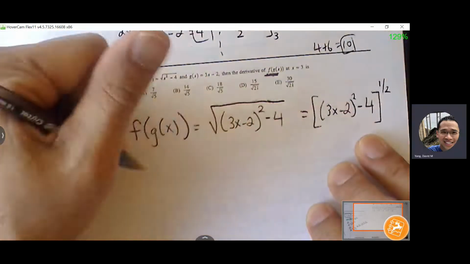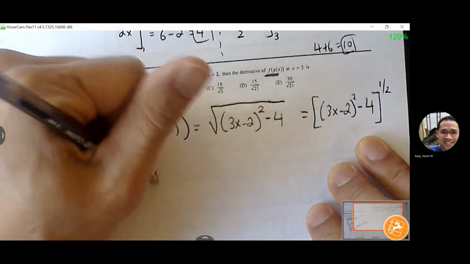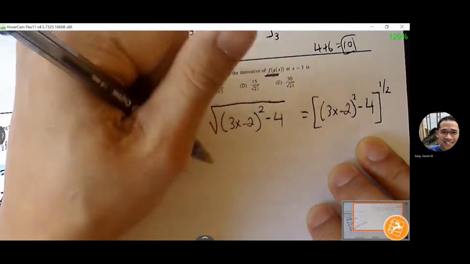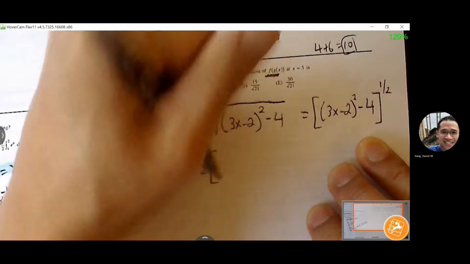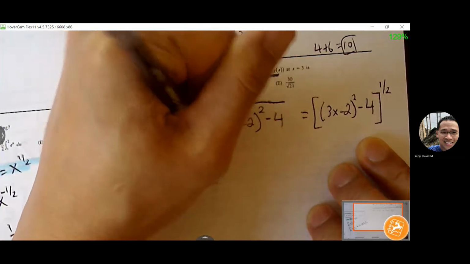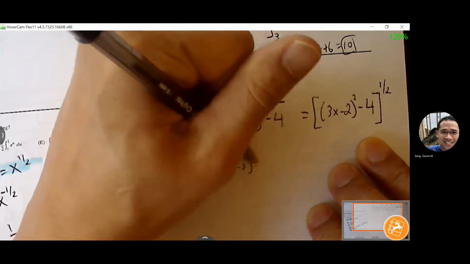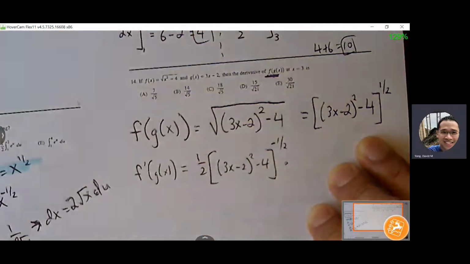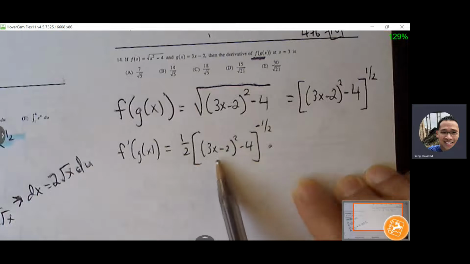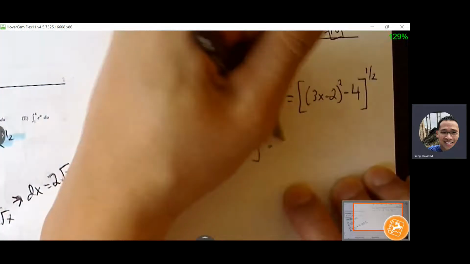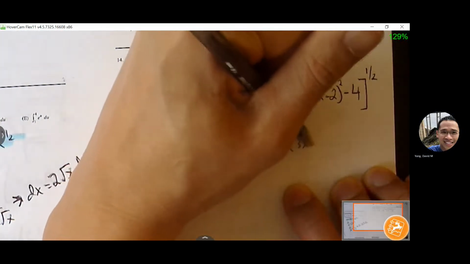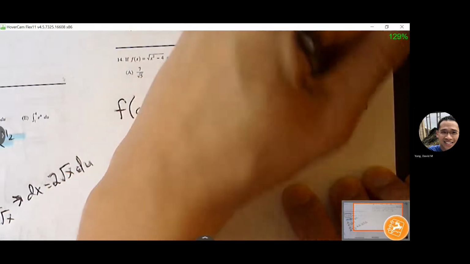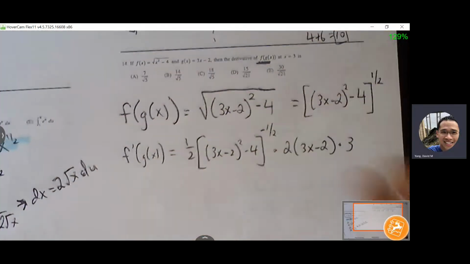Okay, outside derivative, times inside derivative. So the derivative of this is another chain rule here. 2. And another nested 3 inside.